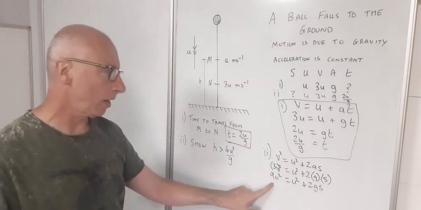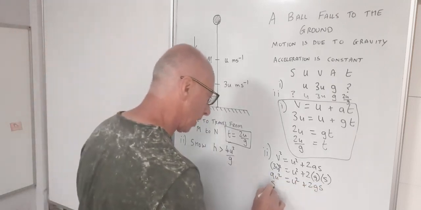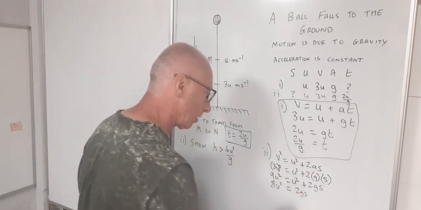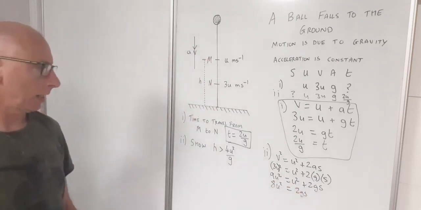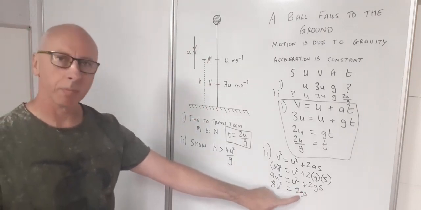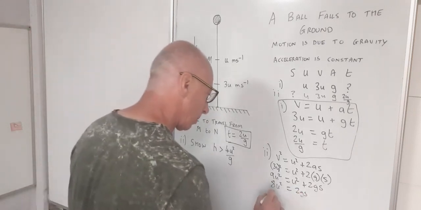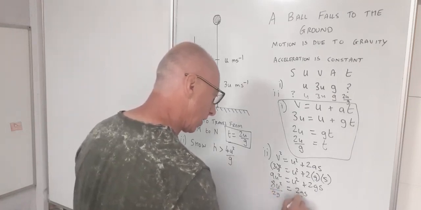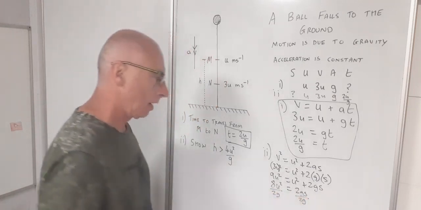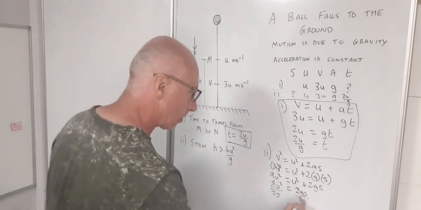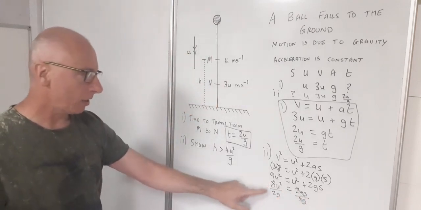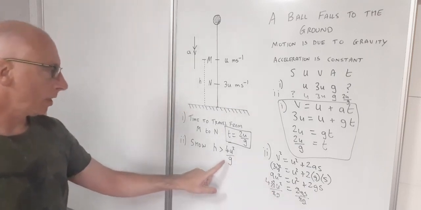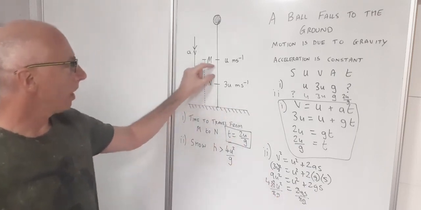Right, let's get u squared on this side. So now I've got 8u squared equals 2gs. Now I can divide both sides by 2g, and then I get s on its own, and this 8 and 2 can cancel, giving me a 4. So now I'm left with this distance here, MN.